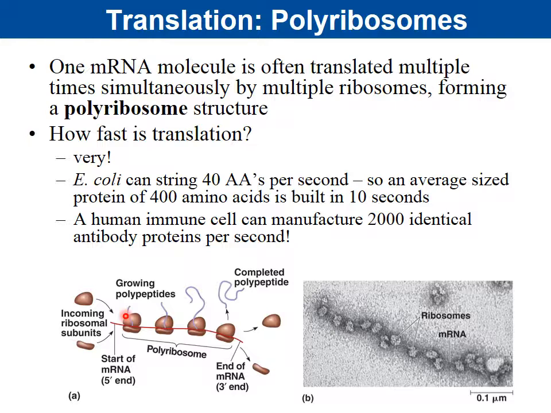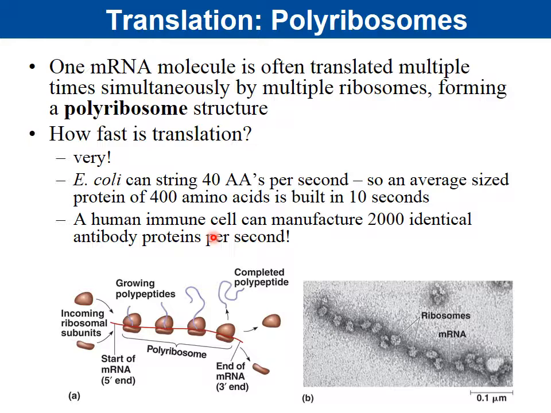And so because of this, because they're going to just kind of move along the mRNA, this is going to allow translation to be very, very fast. E. coli, which is a common bacteria that can be found in your gut, can string 40 amino acids per second. So an average size protein of 400 amino acids is built in just 10 seconds.